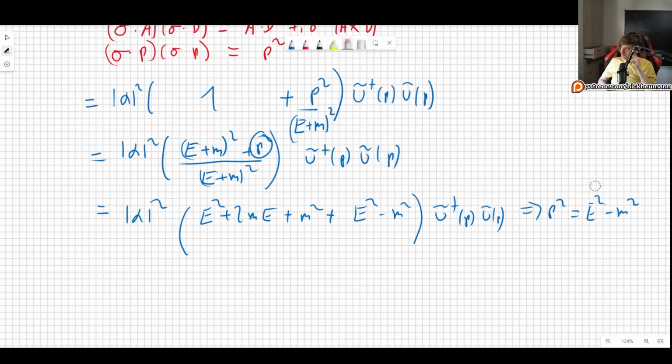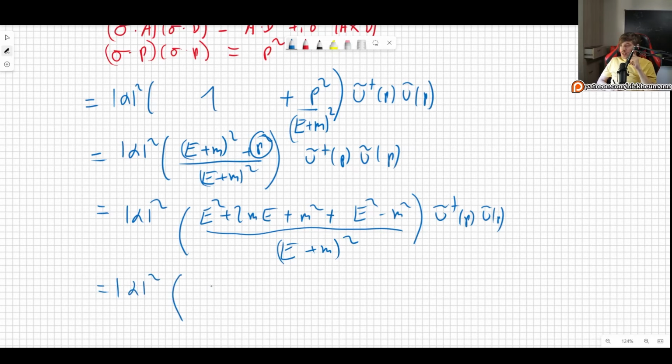And all of this divided by (E plus m) squared. All right, so here we can simplify things a little bit. We can factor out 2E because these ones cancel out. So we have 2E, a factor of E plus m, divided by (E plus m) squared.